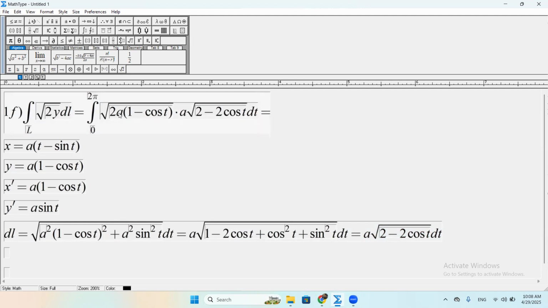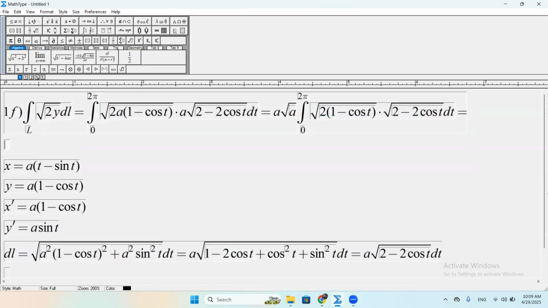And as we can see, we can eliminate this square root. So we can simplify it. What will we have here? I can move a out of the square root, so a and the square root of a. So these expressions are equal.